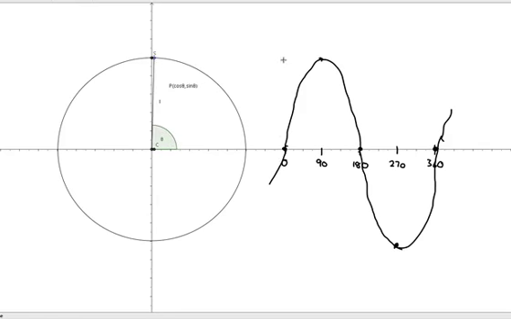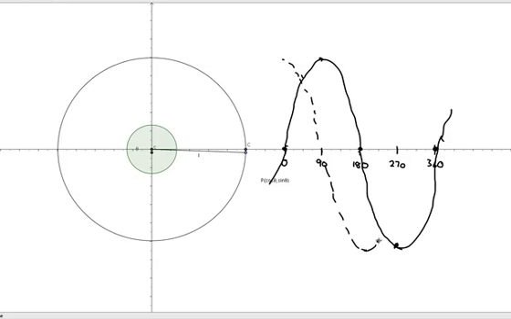So starting off at 1, going down to 0, and then x-coordinates become negative. They go right down to -1 at 180. So in that case, we would get the familiar cosine graph appearing. And then from 180 to 270, the x-coordinate goes from -1 back to 0, and then from 0 back up to 1.